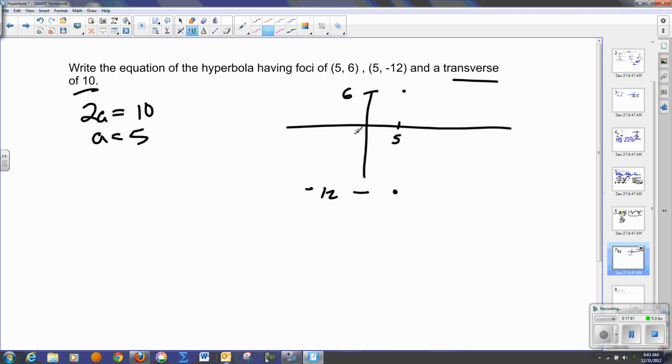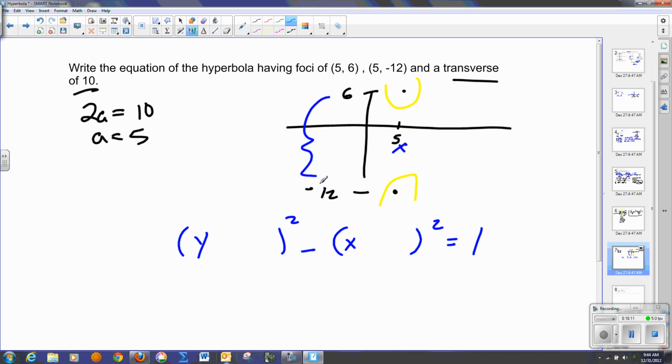So I know the hyperbola has to open up somewhere in between these. Given that, I can then say that since this is opening vertically, I have a y value leading. And I should be able to find my center by just finding the midpoint of the two foci.